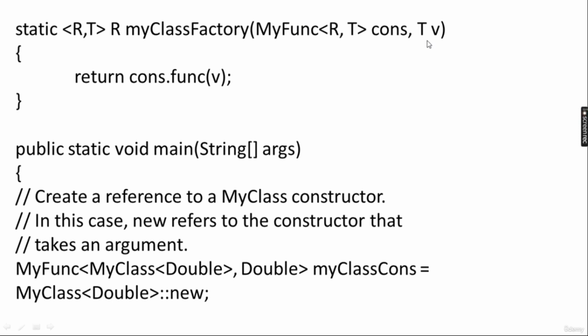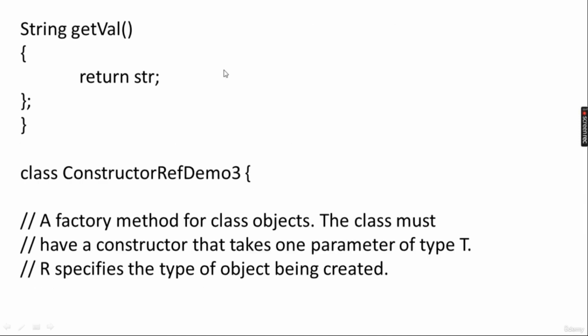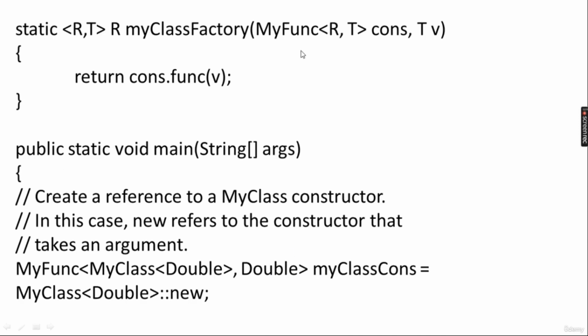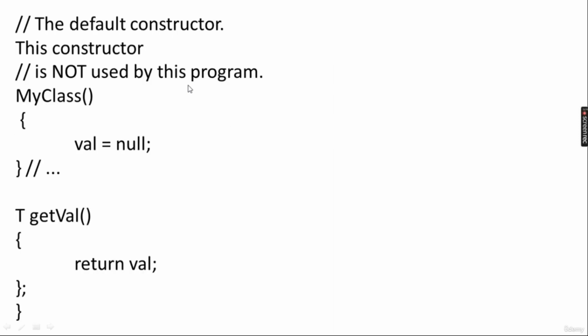It will be replaced by constructor, and this is the value v. The class must have a constructor that takes one parameter of type T. So here the myClassFactory method is returning R, and what is the function called? constructor.func(v). So what is the function definition?